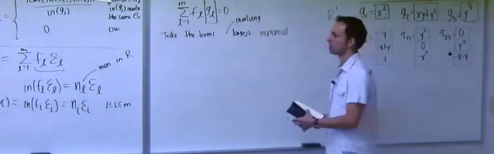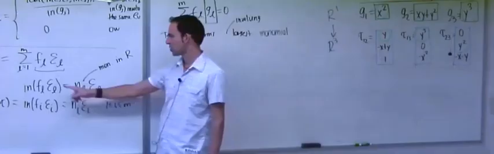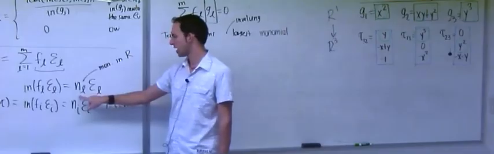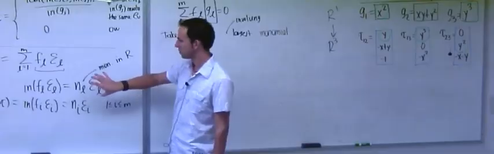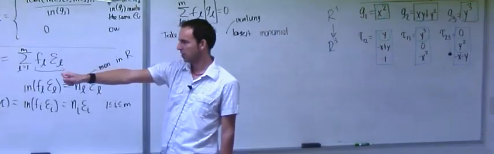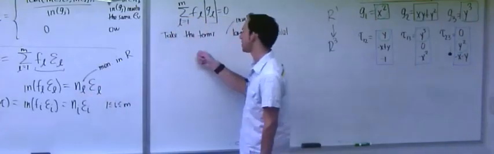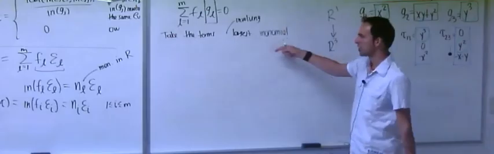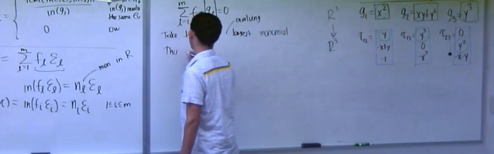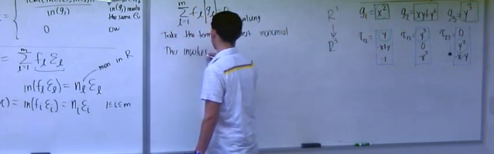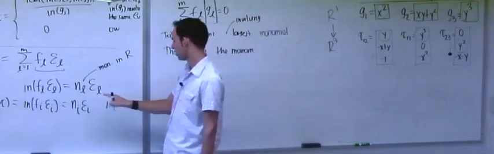Now, the point is that, what are the largest monomials here? Well, we decided that the largest monomial for each one of these was going to be N_L epsilon_L. And how do we decide that? We decide that by plugging in the epsilons into the G's. So if we know what the biggest term is in terms of the epsilons, then we know the largest monomial that appears here. It has to be this monomial.